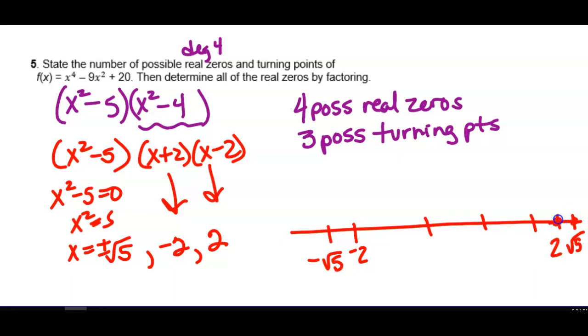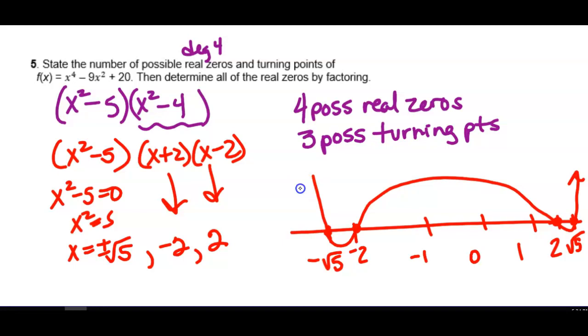So there'd be 4 real zeros in here somewhere, and in between would be negative 1, 0, and 1, which were not zeros. It was a positive leading coefficient, so it would come down through here, up through here, down through there, up through here. I don't know what it's doing in between there. It could be really high, or could go really low in between here, but that's the general shape.